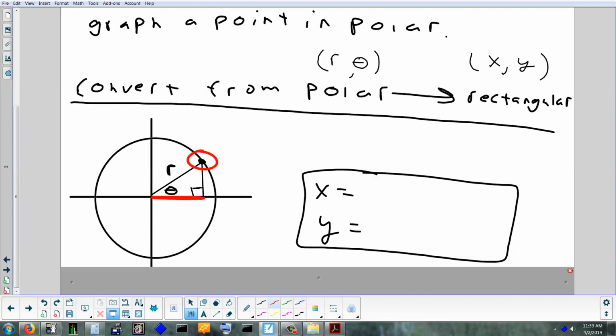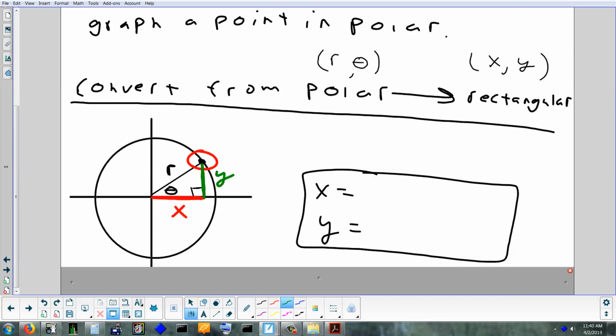That's the x. If you're writing a coordinate, that's the x value. Then from there, you have to go up that vertical distance. What do we normally call the vertical distance? The y. So our goal is to figure out x and y in terms of r and theta.